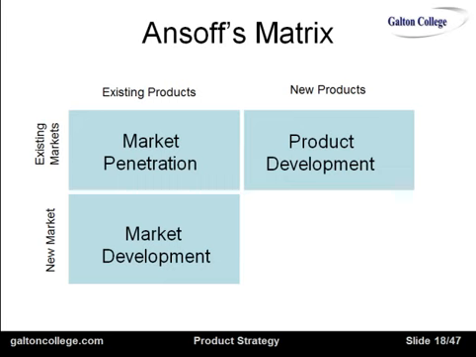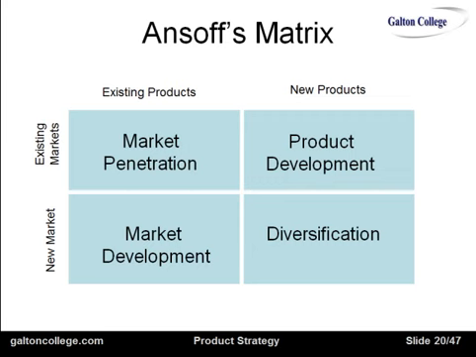And finally, it's possible to bring new products to new markets. And that's known as diversification. So the matrix relates to existing products and new products, existing markets and new markets. Depending on what product has been placed where, that will determine which part of that matrix the company is sitting in.